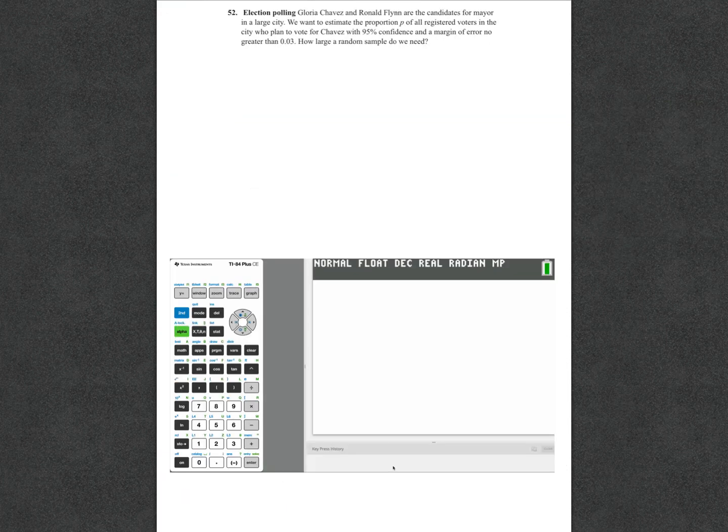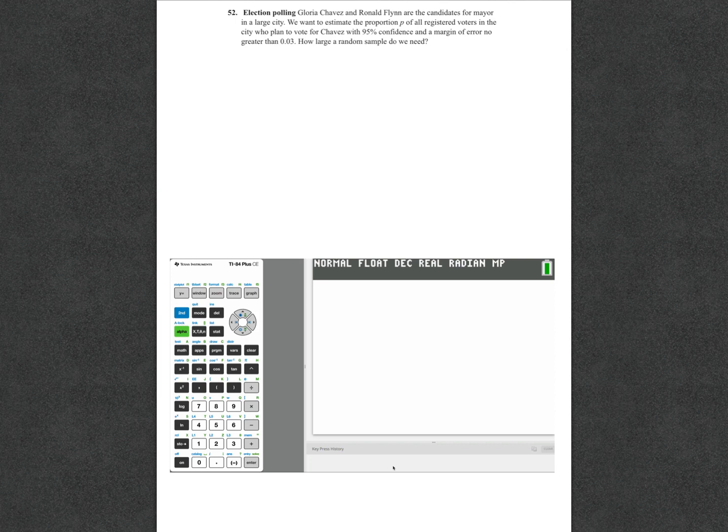Okay, so I'll do 52, election polling. So Gloria Chavez and Ronald Flynn are the candidates for mayor in a large city. We want to estimate the proportion P of all registered voters in the city who plan to vote for Chavez with a 95% confidence and a margin of error no greater than 0.03. How large a random sample do we need?